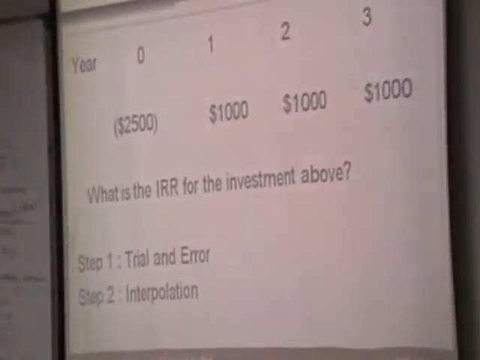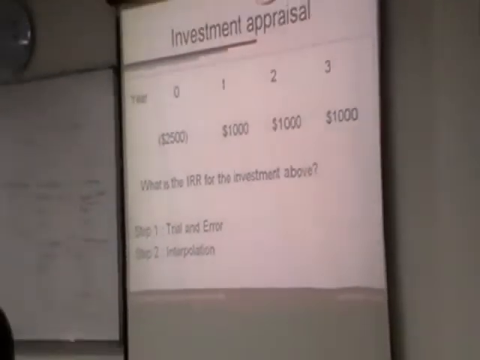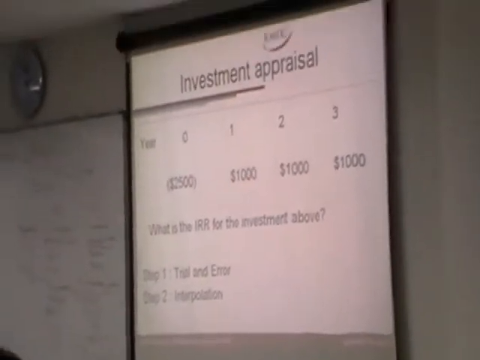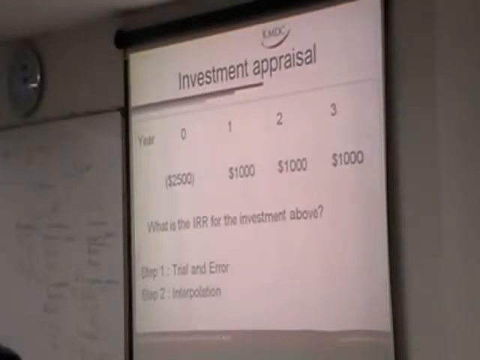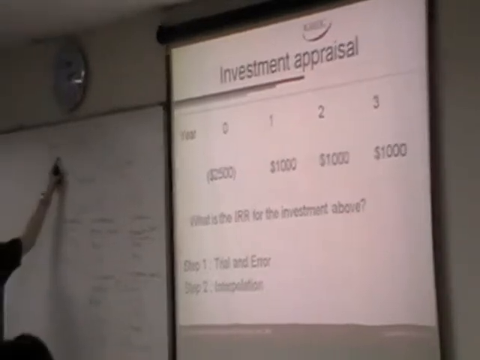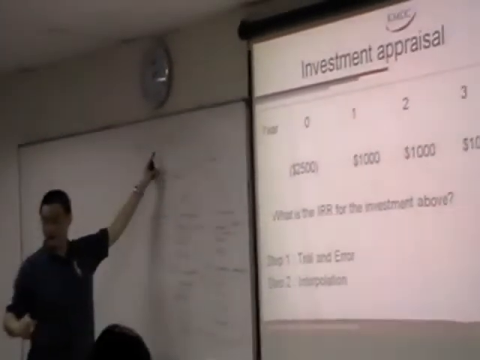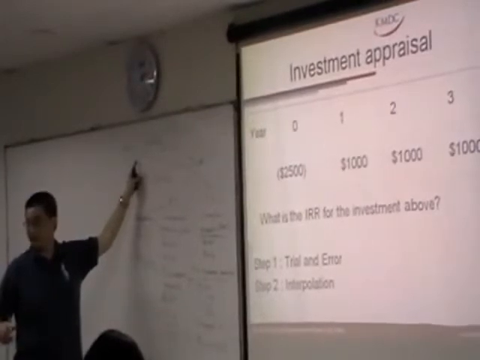Now, coming back to this example, like I said, I'll repeat this again in my next class, but I just want to point out a few things. If I ask you, what is the IRR for the investment above? IRR is when your NPV, or your net profit, is 0.